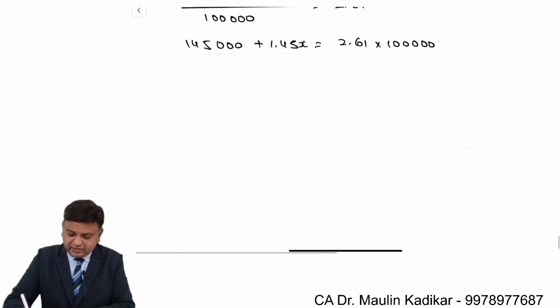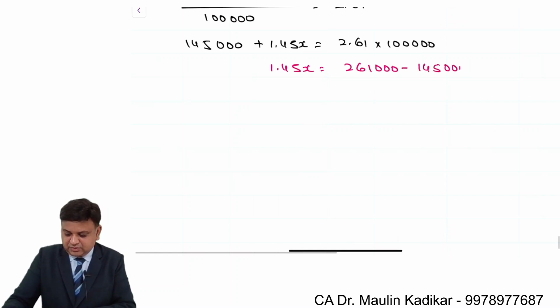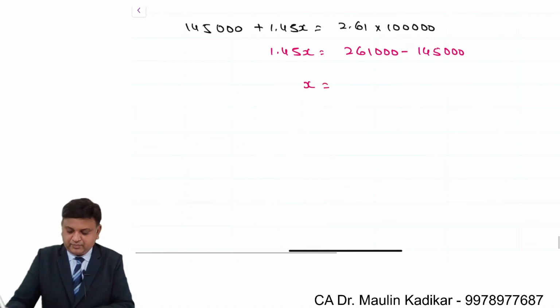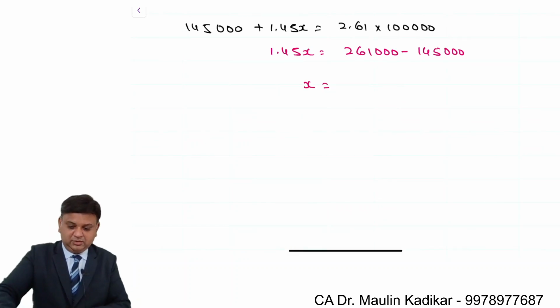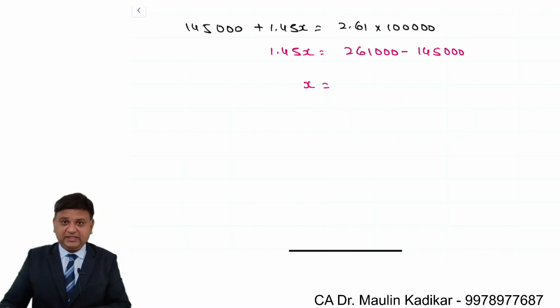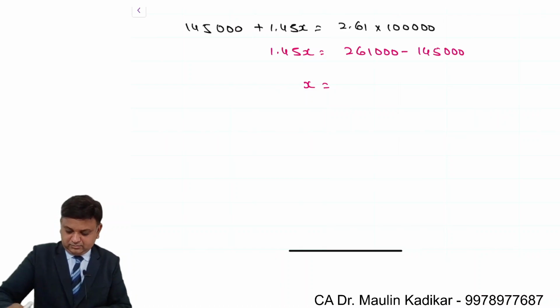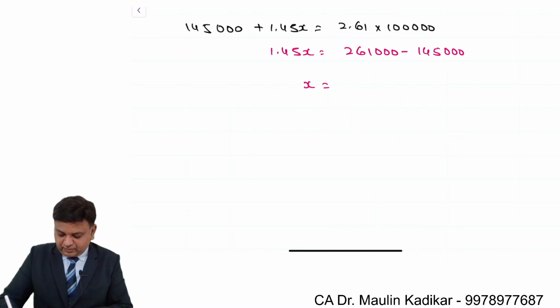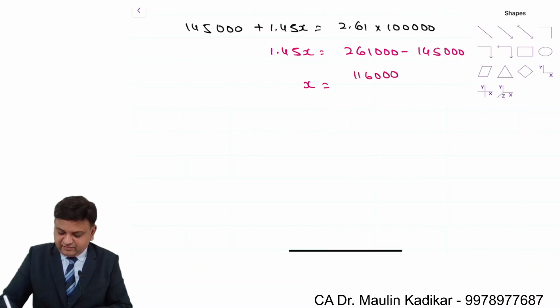Okay, so 1.45x is equal to 2,61,000 minus 1,45,000. So x is equal to 261 minus 145. That comes to 1,16,000. So it is 1,16,000 divided by 1.45.